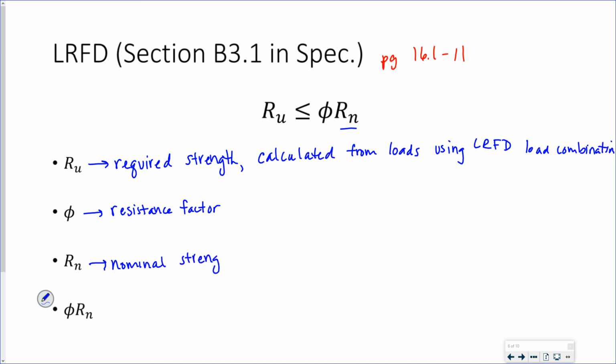That's where we use our material properties and our geometric properties of our steel section to calculate a strength. We apply a resistance factor to it, which is less than or equal to 1. So we reduce our nominal strength and we come up with our design strength.